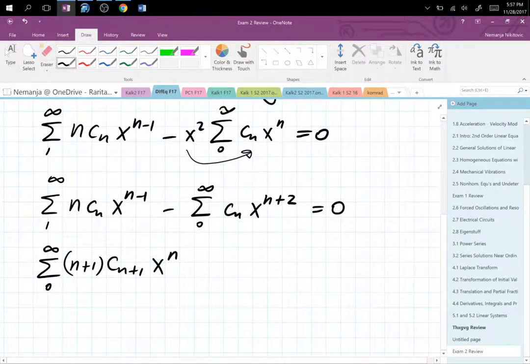Now the second one has to shift because I need this to be n. So yeah, we have to do minus 2, which is going to put this into a negative.